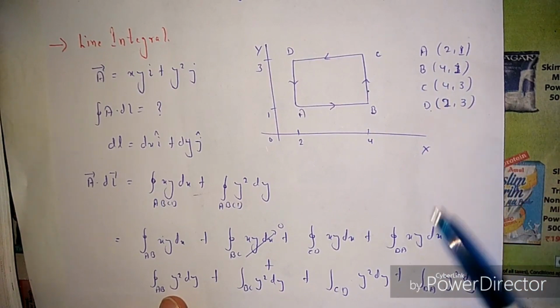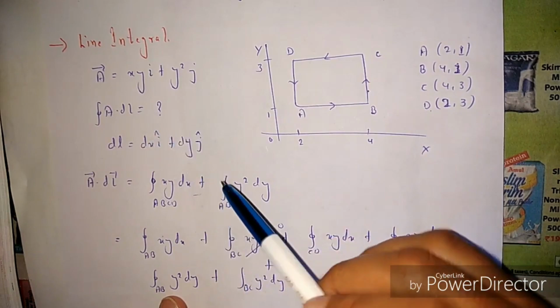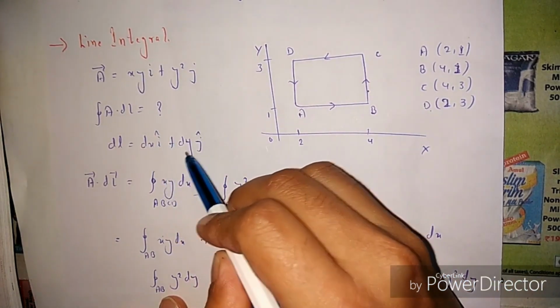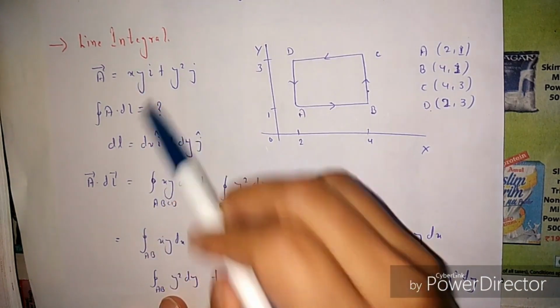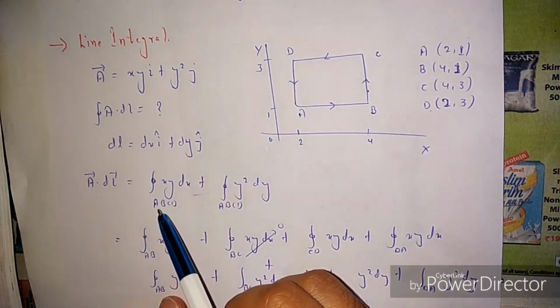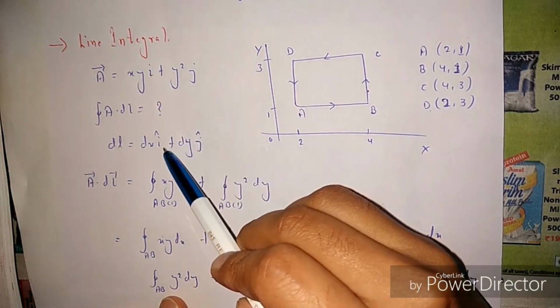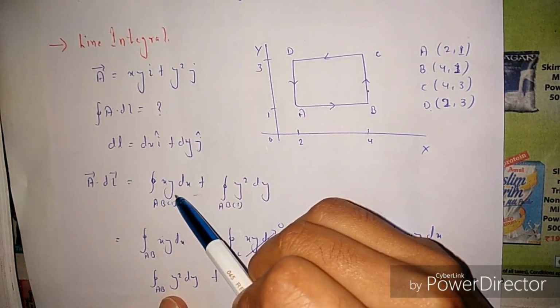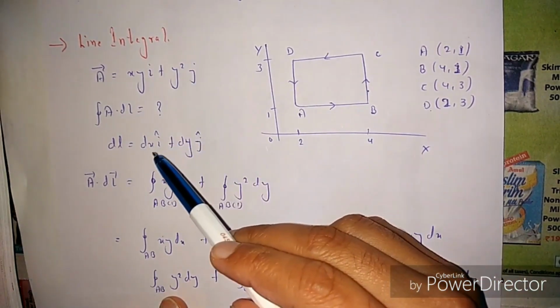For the line integral we will calculate the integral of A dot dl, where dl is equal to dx i cap plus dy j cap. Here A dot dl will be the dot product between the two values. We can write the closed integral of xy dx plus the integral of y squared dy.